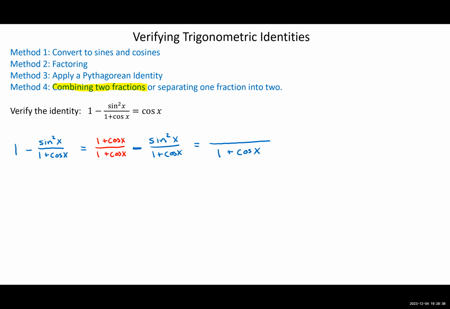We got 1 plus cosine x on the bottom. On the top, we've got a 1 plus cosine x minus sine squared of x.